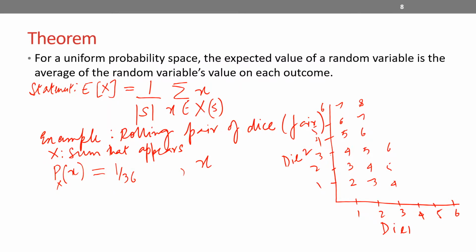And now I'm interested in X. The way to get X is simply to pick up a value from here. So essentially I'll be picking up all of these 36 values, and I already know that the probability of each of these values occurring is 1 over 36.